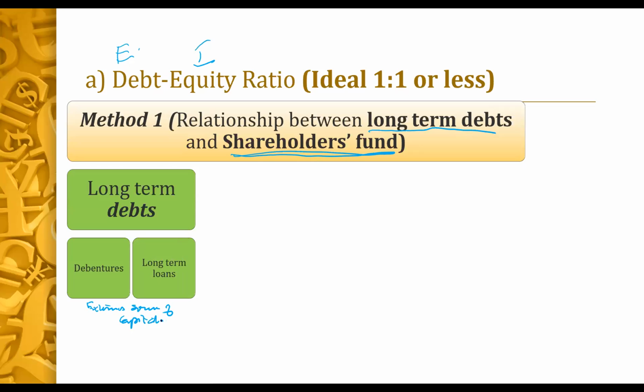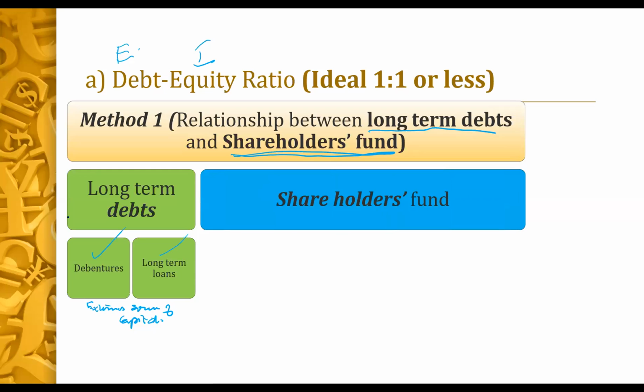Can you tell me some facts regarding return once again, regarding debts? Interest is the return. If the company is making loss, do they have any waiving off of that interest? No, sir. Even though the company is making loss, they have to pay the interest. Long-term debts include debentures and long-term loans.